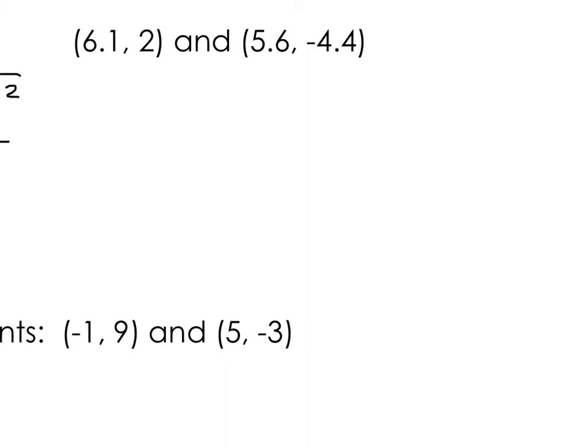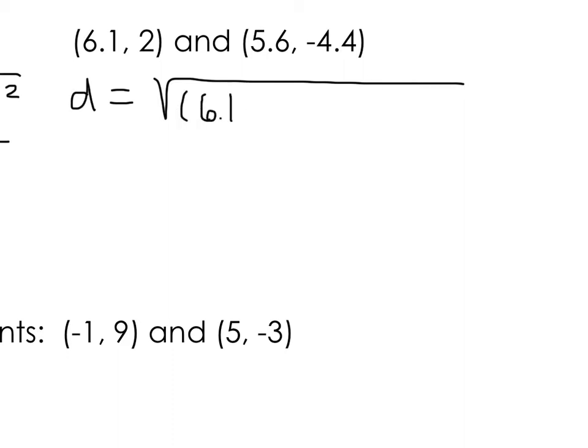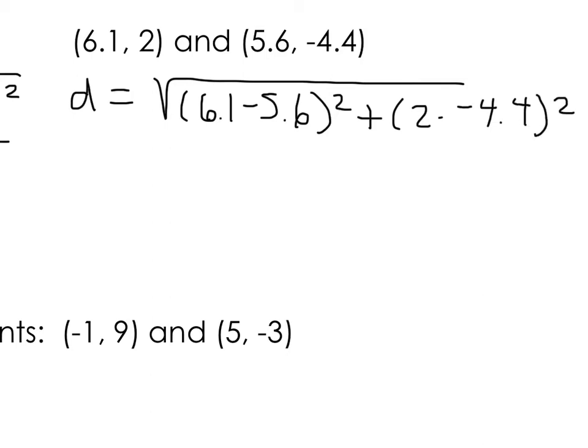Let's find the distance between these points. They have decimals, but that doesn't matter. 6.1 minus 5.6 squared plus 2 minus a negative 4.4 squared. Minus a negative is the same thing as plus a positive.